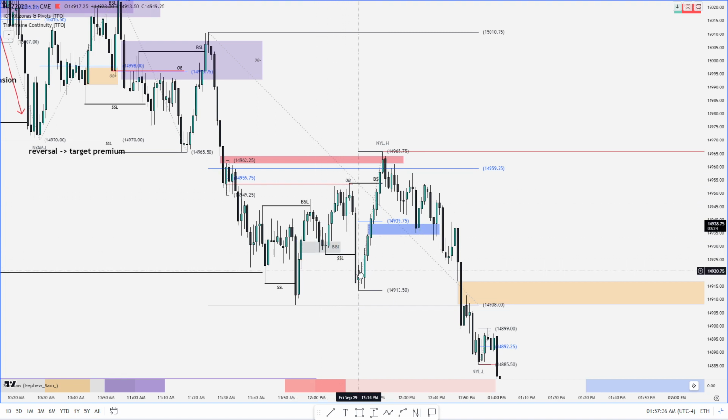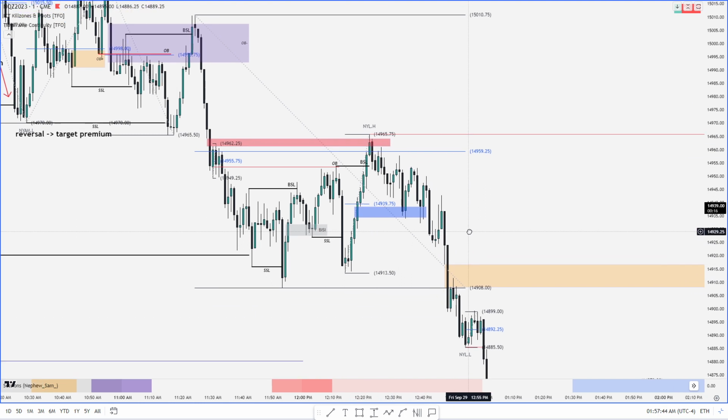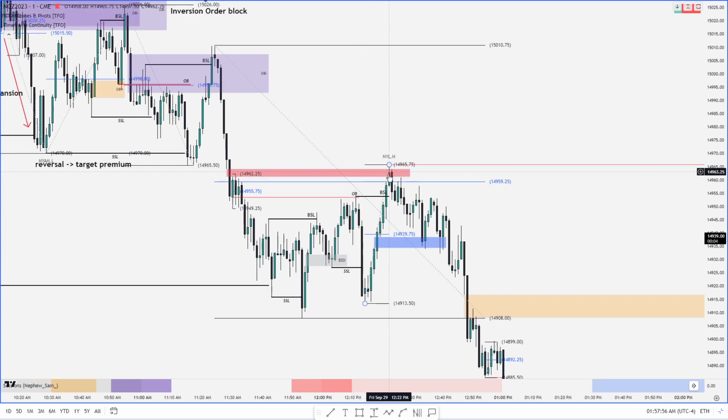Right? Yeah, internal range liquidity to internal range liquidity to external range target means external range expansion. Gotta write that down, I think. Right, so internal to internal to external. Internal? Wait, no. Internal plus external.